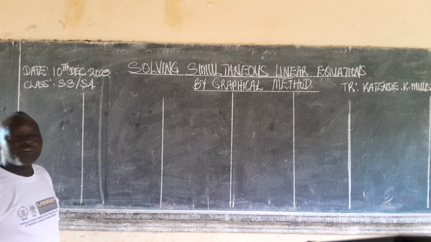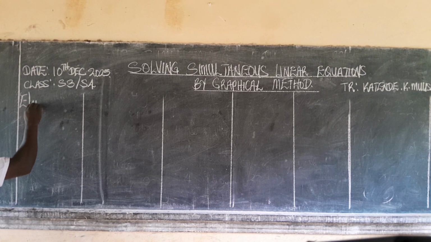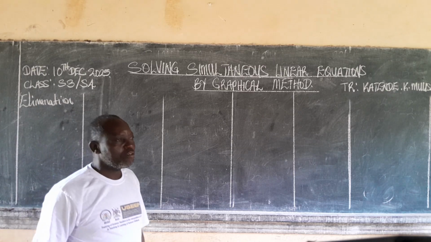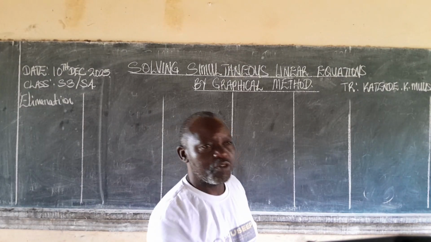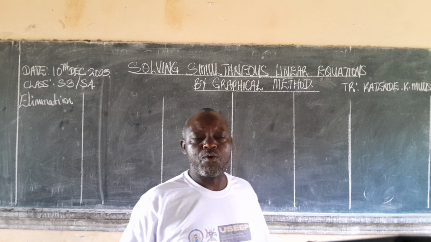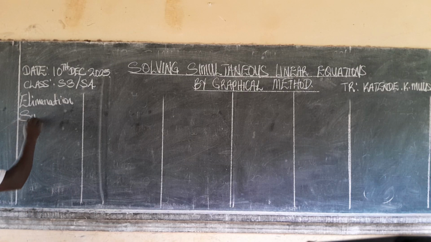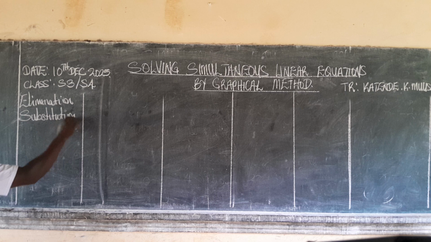Some of the methods we talked about the other time was the elimination method, of how we can drop one of the variables and then continue with the other. Then after that, we substitute to get what we want. Then another method was the substitution method.